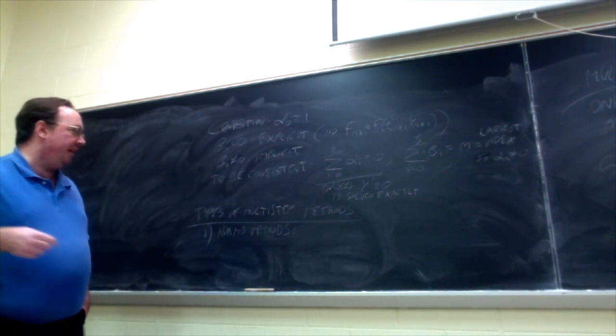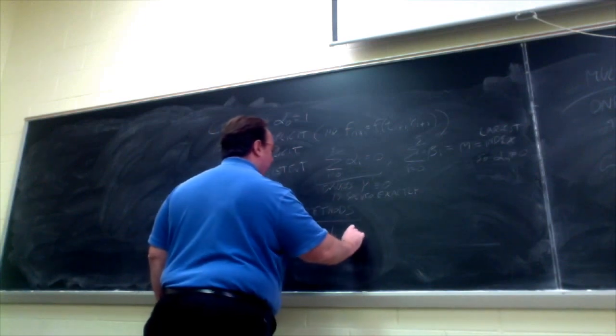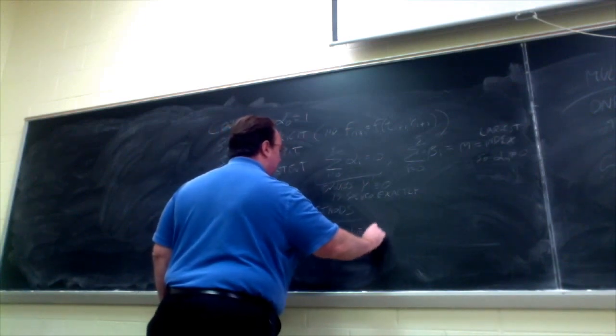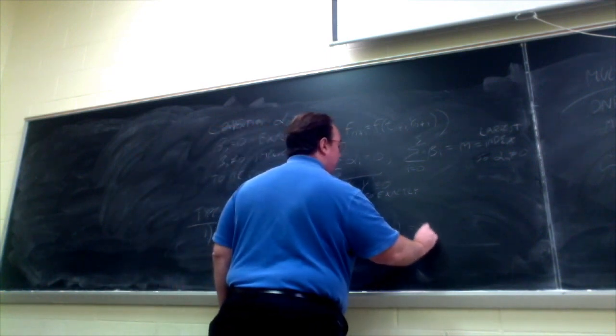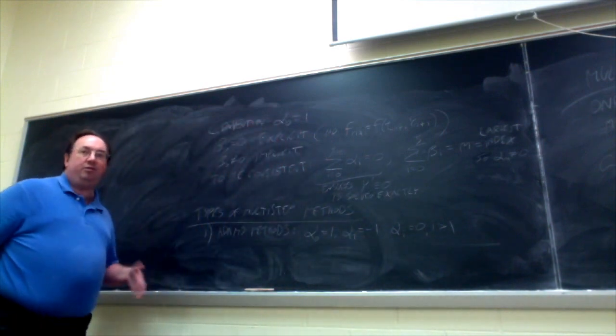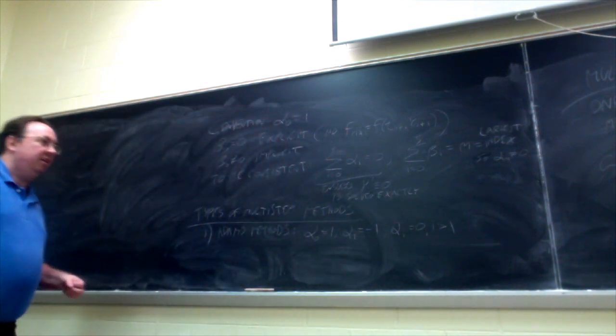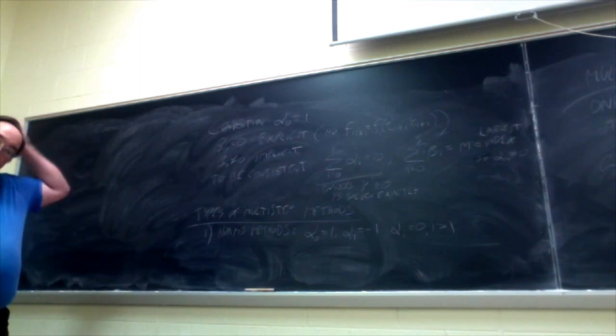Adams methods have a convention that, of course, alpha 0 is equal to 1, alpha 1 is equal to minus 1, and all other alphas are 0. So we only have those two terms on the left side, so it's just y n plus 1 minus y n.